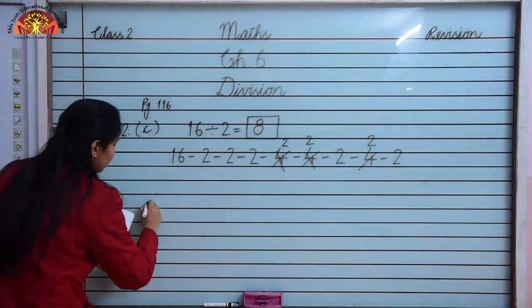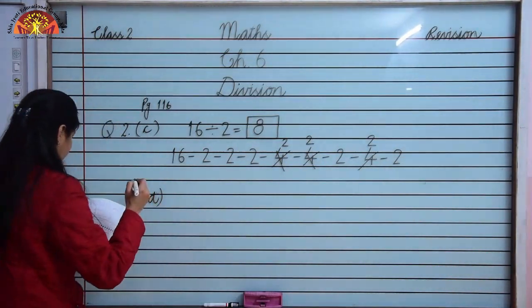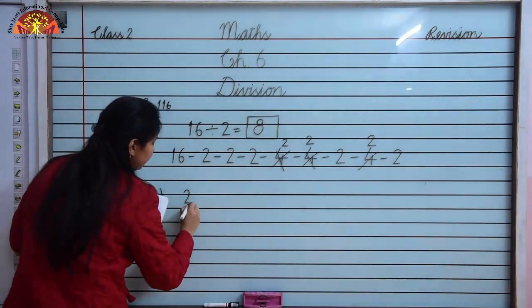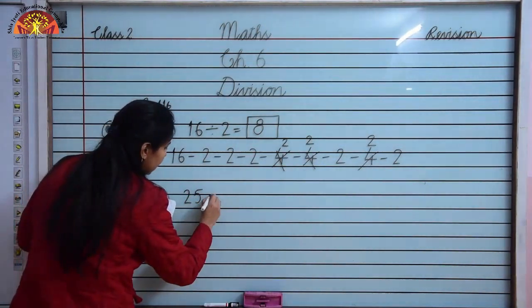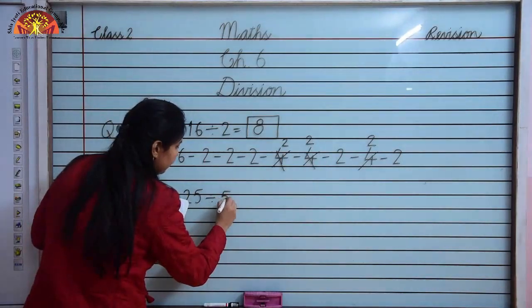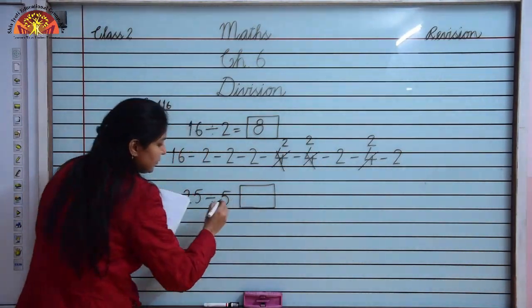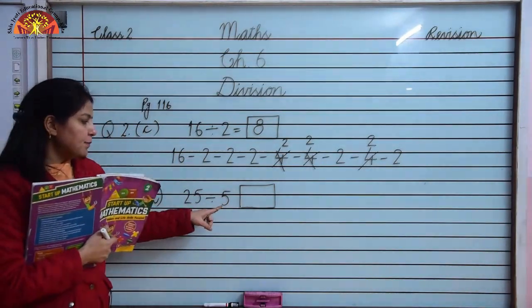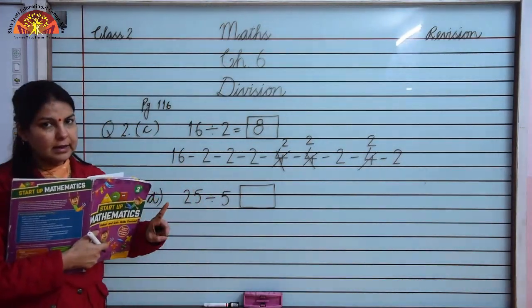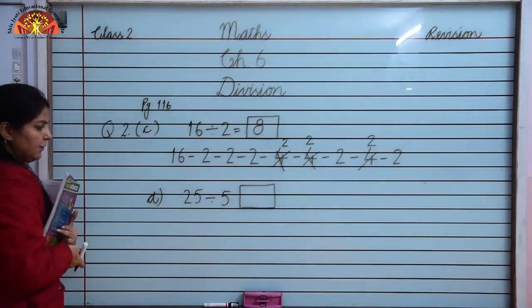This is the D part of this. 25 divided by 5. Here which number will we subtract from 25? We will subtract 5 again and again from 25.